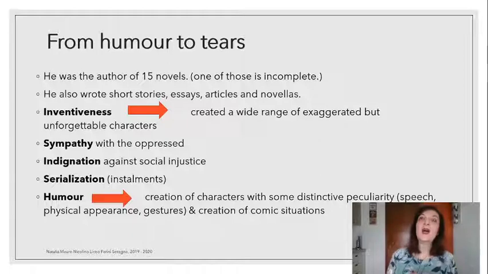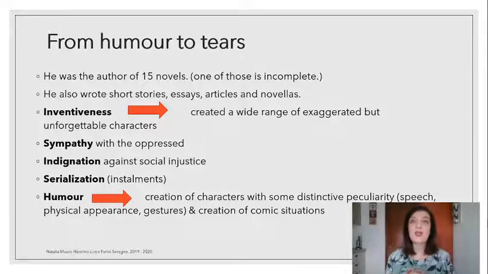Then, another of the characteristics which is really fundamental to understand Dickens's novels, and then we will see to understand his style, the way he wrote, what he wrote actually, is the importance of the way he actually published his novels.